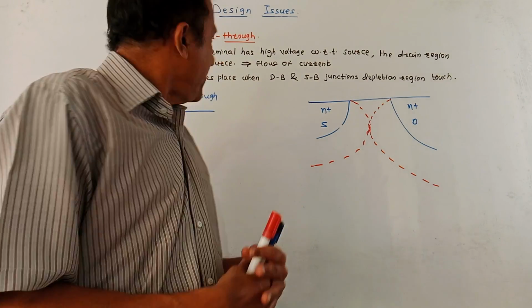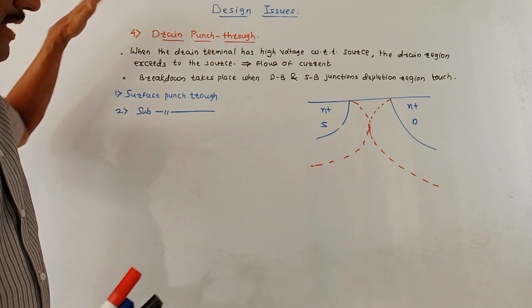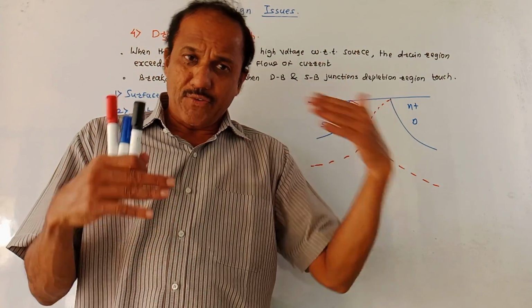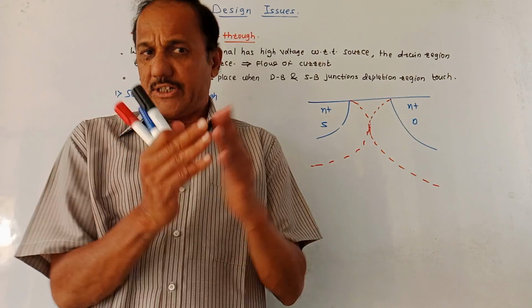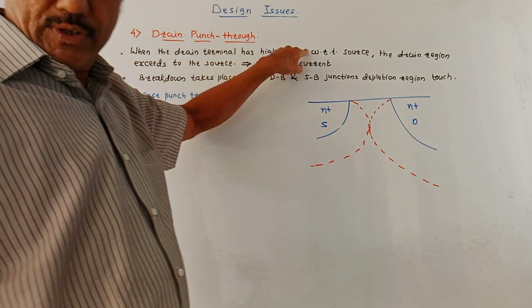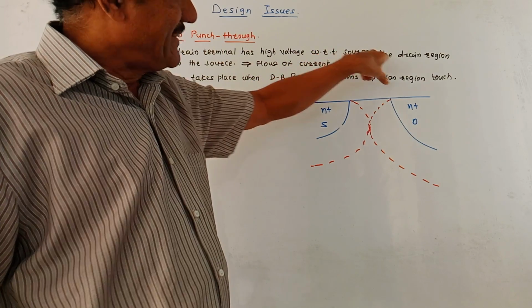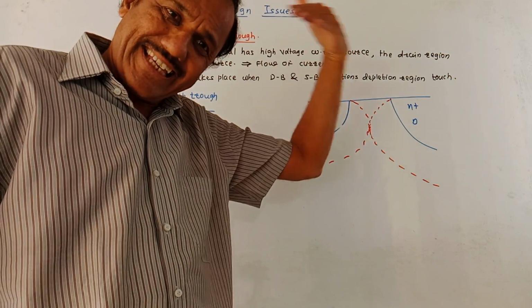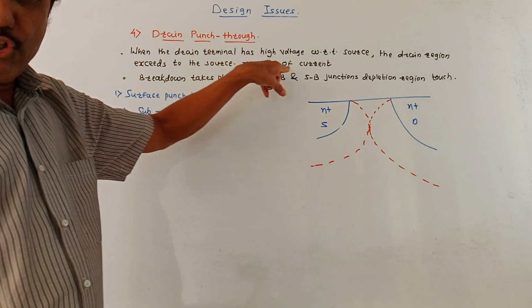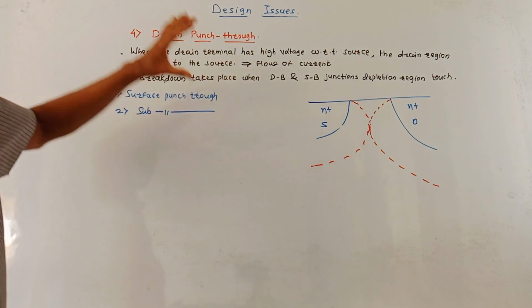The last effect is drain punch through. Actually, this is the effect due to the flow of current whenever the depletion regions touch each other. So when the drain terminal has high voltage with respect to the source terminal, then the drain region may enter into the source region, and because of which flow of current takes place.